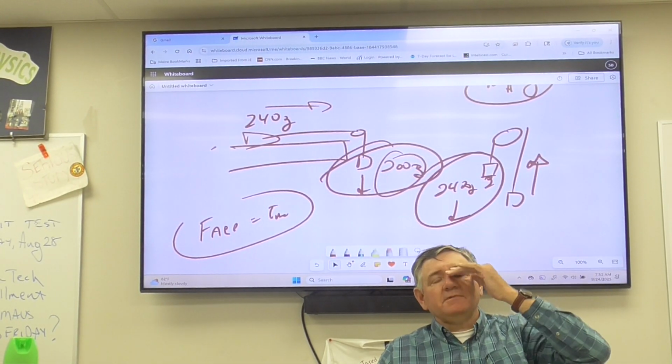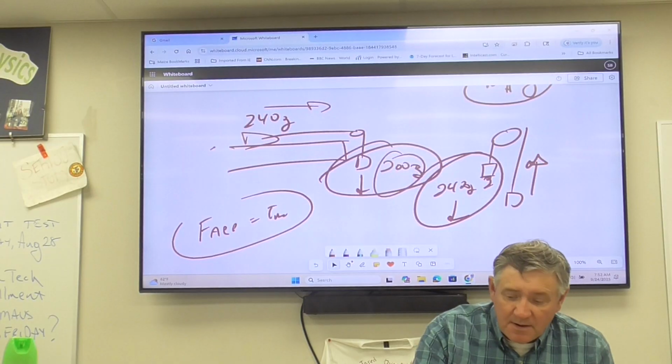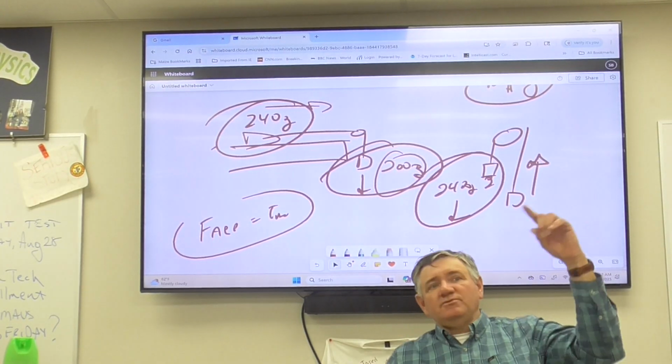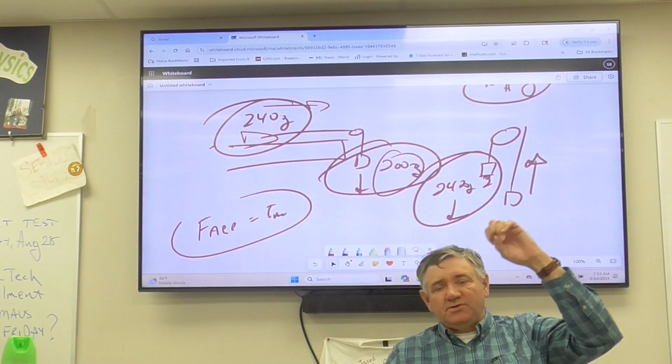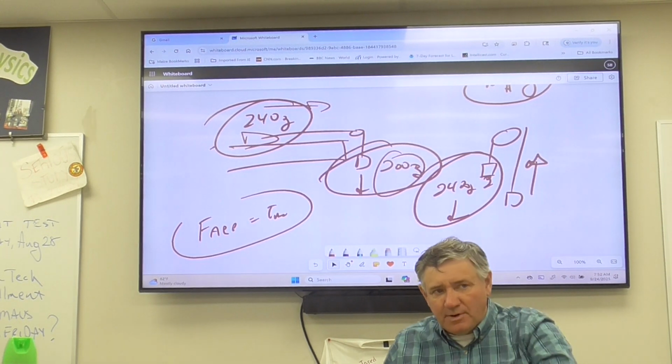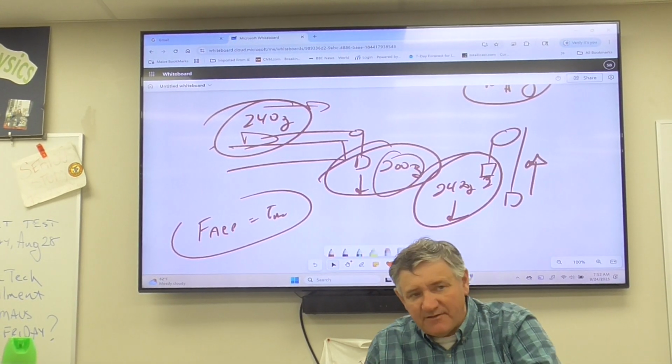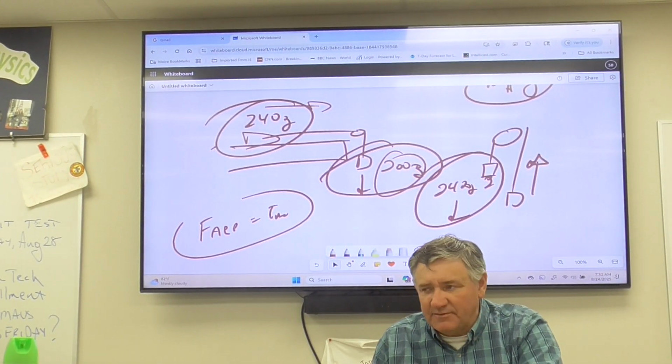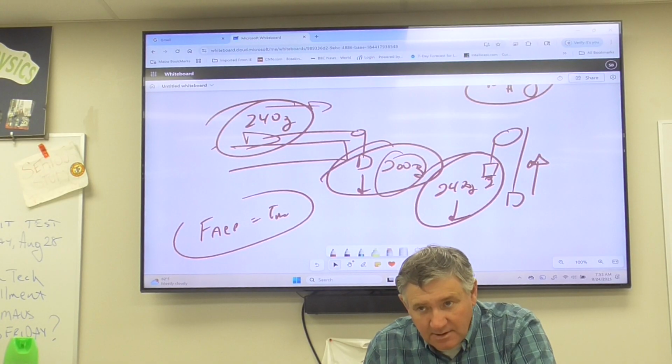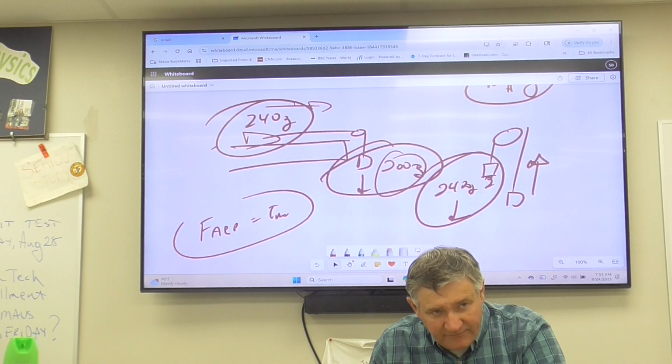Now, here's a common misconception. Yes, you're dragging the 240 grams, but the 240 grams is not an opposing force. Does it have mass? Absolutely. Does it have inertia? Absolutely. But it's not an opposing force.